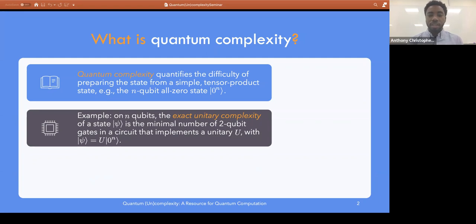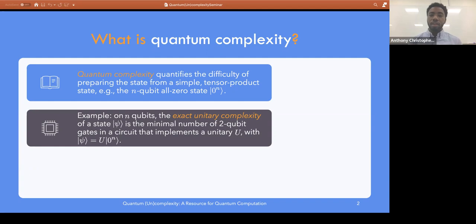If I want to create a state psi and I begin with the all-zero state, then I want to perform a certain number of 2-qubit gates to form a circuit that will implement a unitary U. That unitary U applied to the all-zero state will create this state psi.